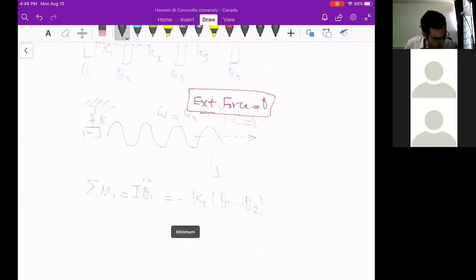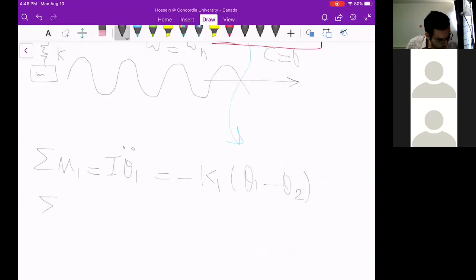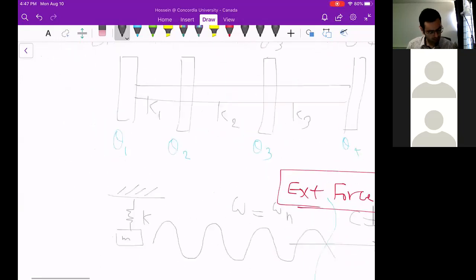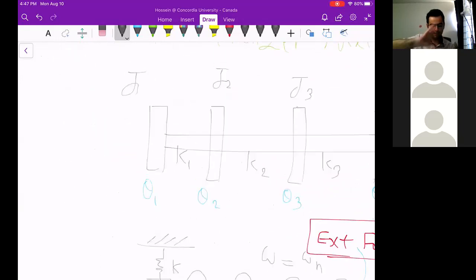Similarly, you have to apply the Euler formula for the second disk, which is J2 theta double dot 2. As soon as you rotate the second disk, both K1 and K2 will oppose the motion.